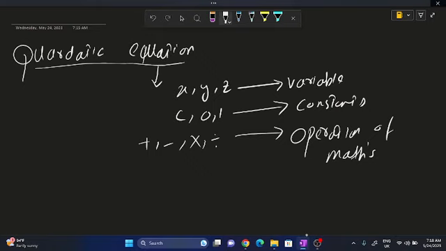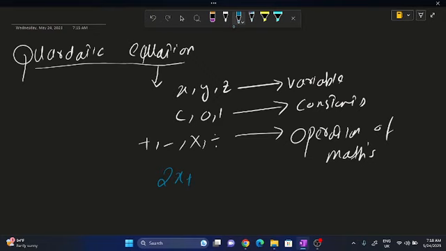For example, if I consider 2x plus 1, that is not an equation. That is only an expression, nothing else. You can say that this is an expression because it involves only variables, constants, and operations, but not the sign of equality.